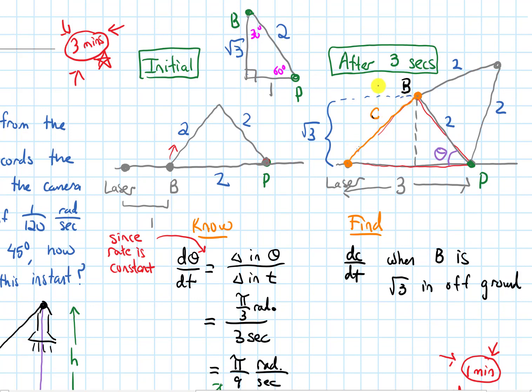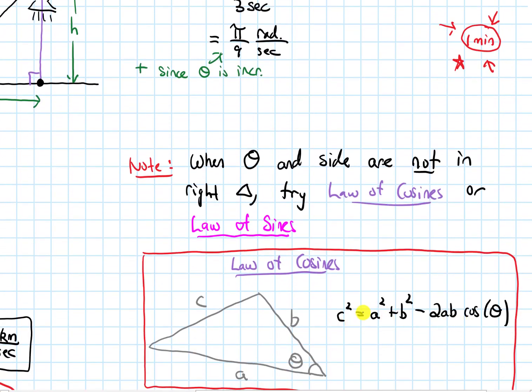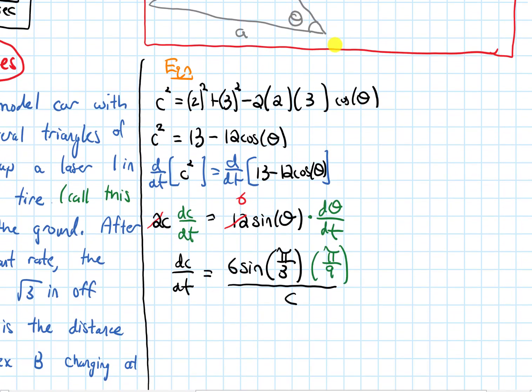So what is this length C at this instant? The way we're going to do that is we're just going to use our law of cosines equation, with everything plugged in, and then figure out what C is. That general technique, we've seen it before, using whatever equation we had to figure out some missing unknown value.